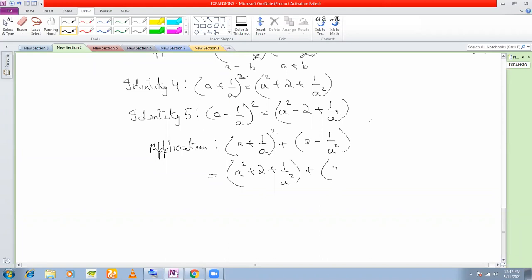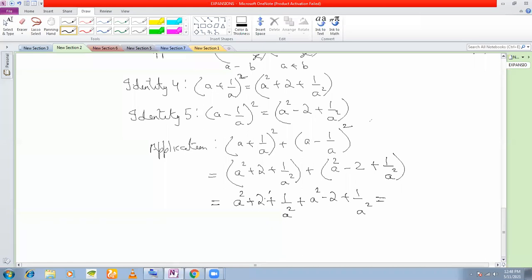And a minus 1 by a whole square is a square minus 2 plus 1 by a square. Now you open the brackets. There's a plus sign, so signs will not change. So a square plus 2 plus 1 by a square plus a square minus 2 plus 1 by a square.